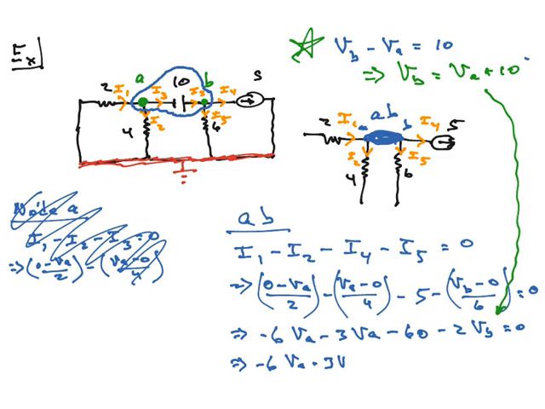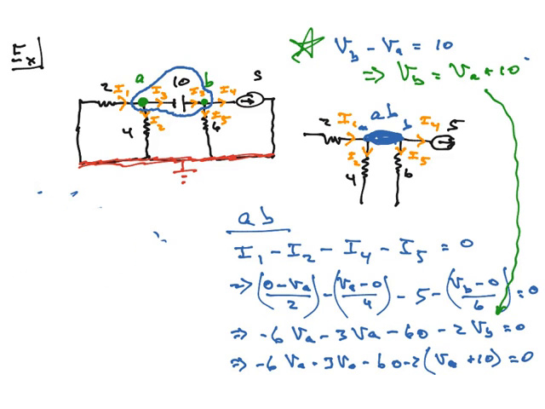Minus 6 VA, minus 3 VA, minus 60, minus 2 times VB, but VB is VA plus 10. Okay, so let me continue over here.